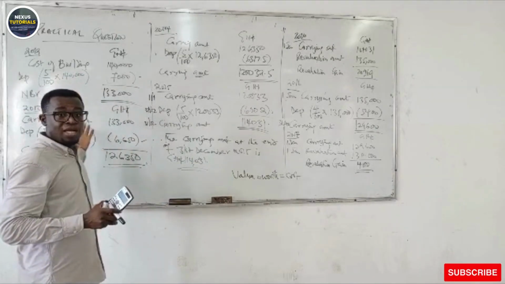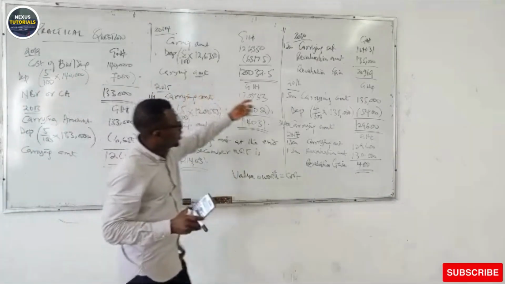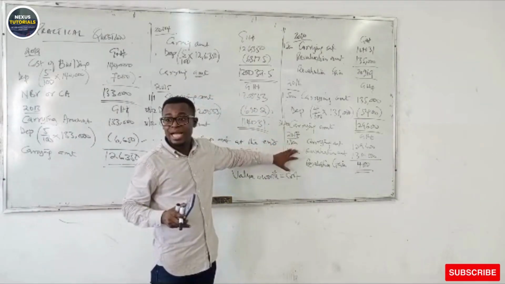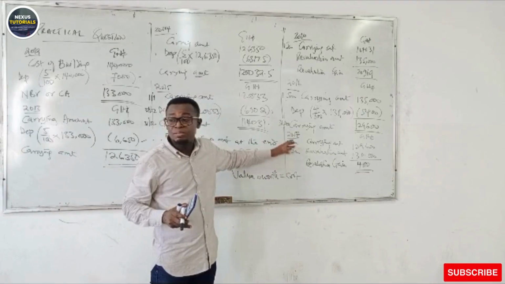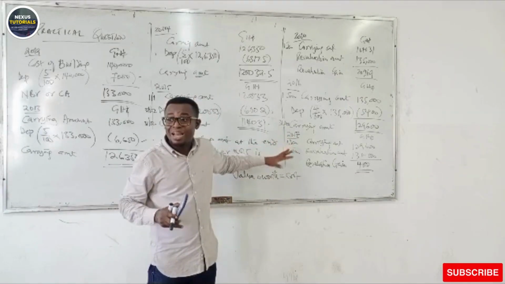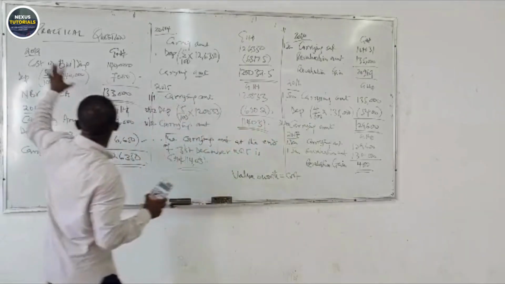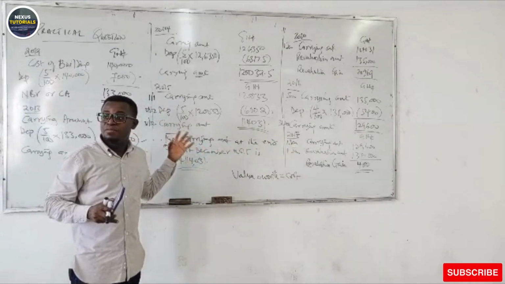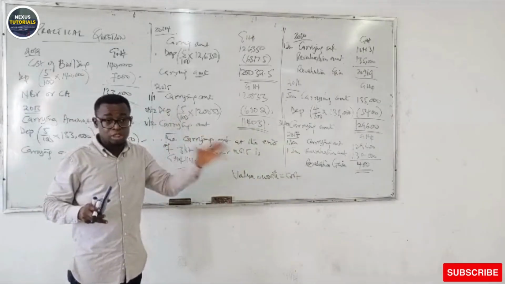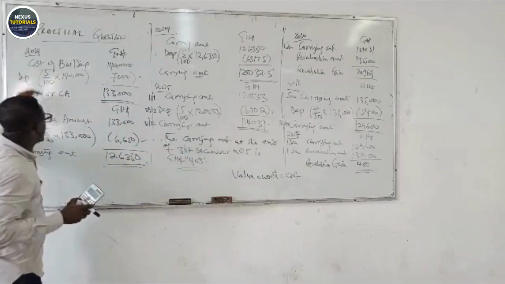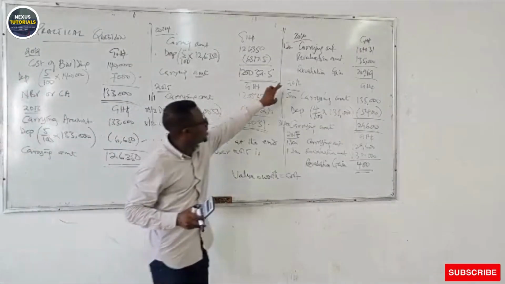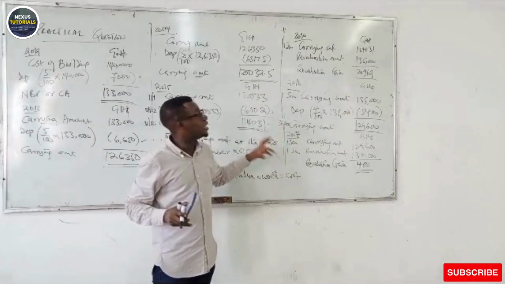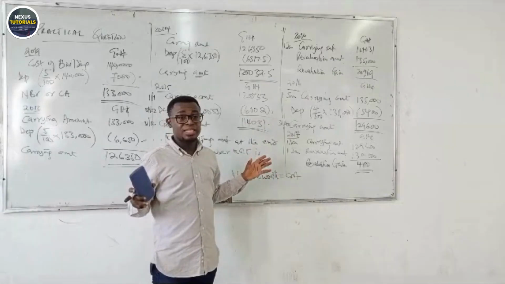Here in particular it was depreciation. And then from 2017, they are no more charging depreciation. Which model are they using from 2017? Revaluation. So from 2012 to 2015, they were using the cost model. That is where we're taking out the depreciation. But from 2016 or from 2017, they are now using what? The revaluation model. I hope you understand it.